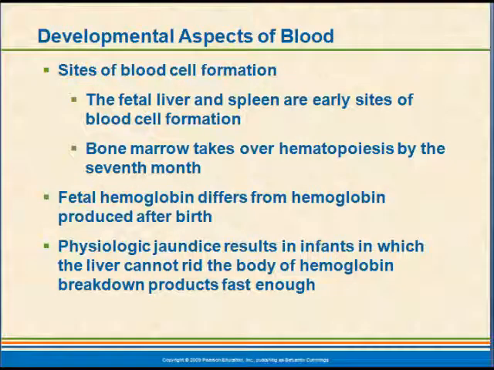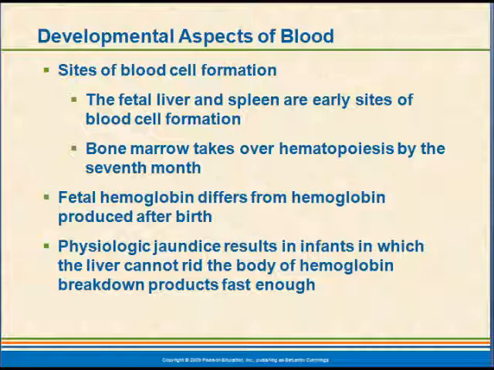Some other aspects of blood development and some diseases of blood are going to be discussed here. Developmental aspects, well, we talk about adult normal anatomy, but the fact is that in the fetal bloodstream, red blood cells are made by all sorts of stuff. The liver and spleen are also sites of blood cell formation.